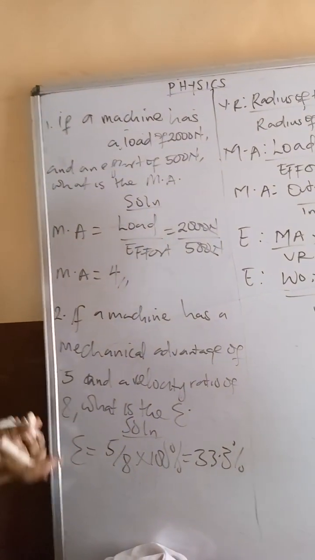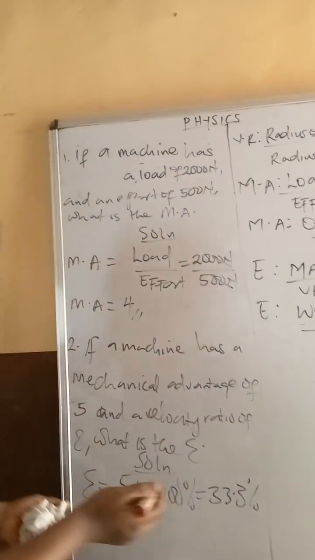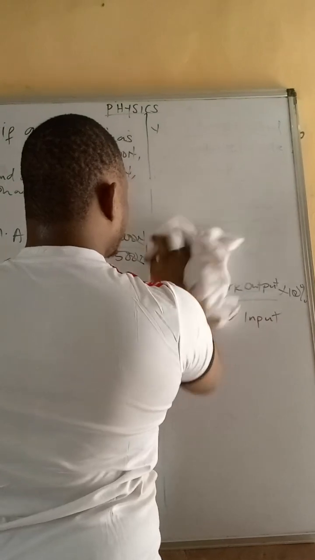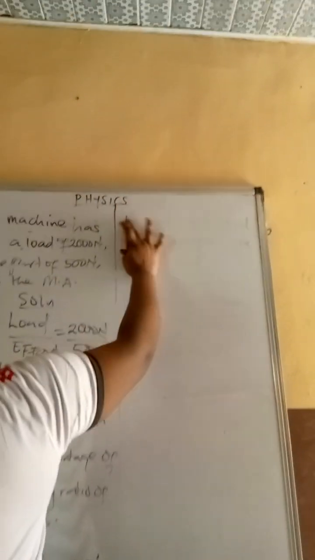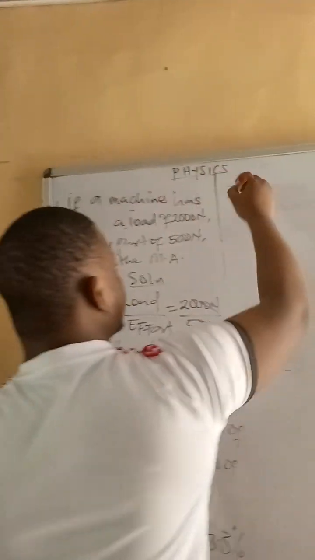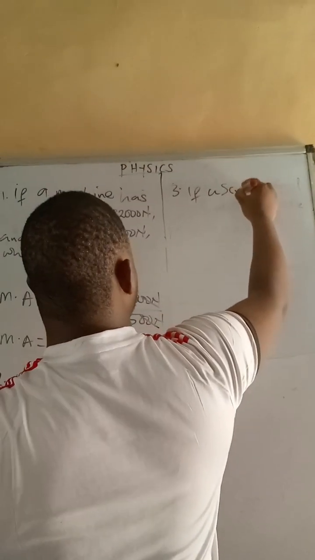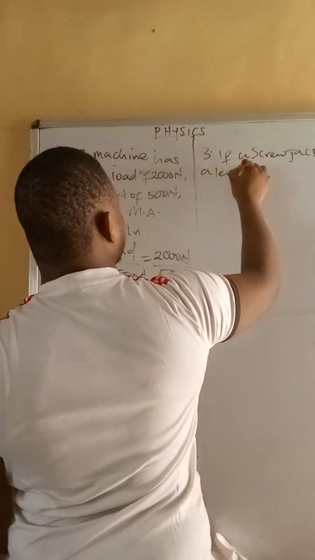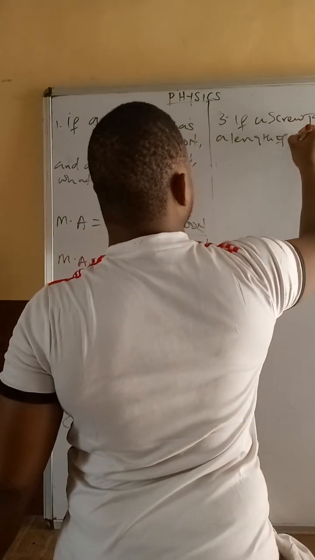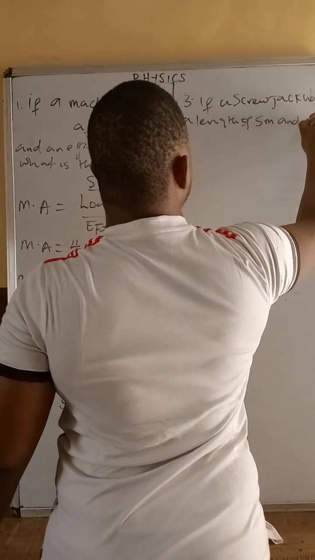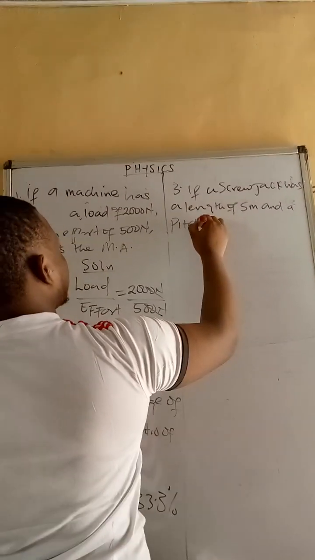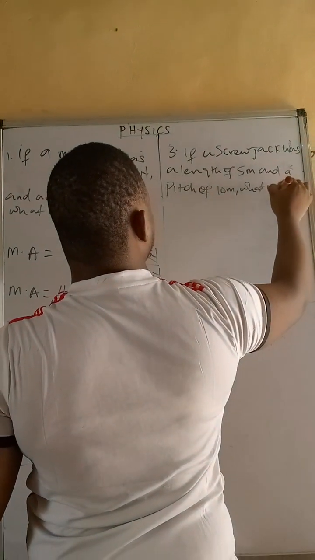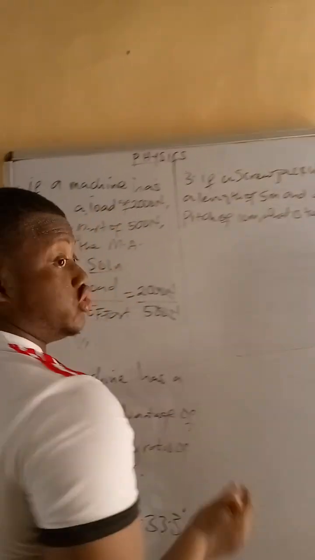And the last one I would like to talk about is the screw jack. If a screw jack has a length of 5 meters and a pitch of 10 meters, what is the velocity ratio?